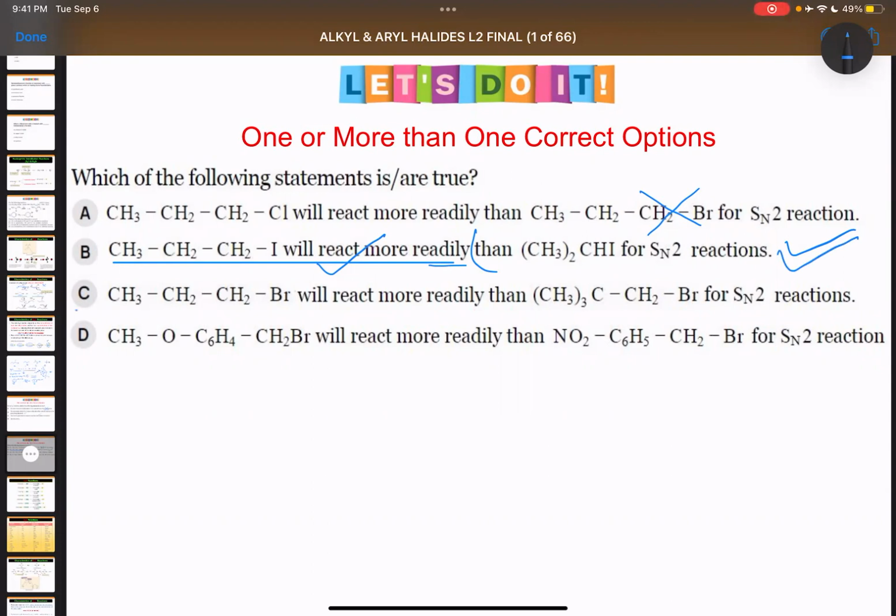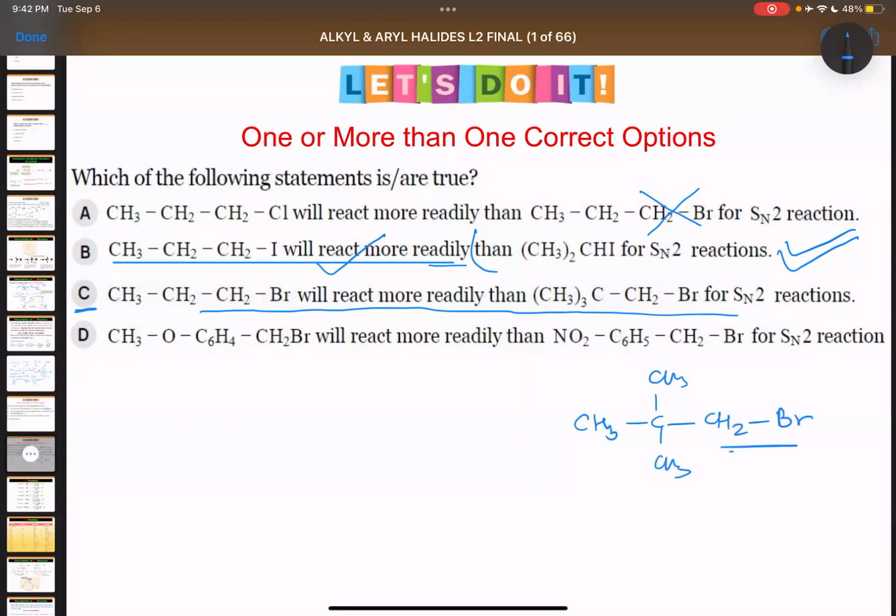And what about this one, C? Sir, I think it's correct. So this one will react more readily than this. Actually, though both are primary, you might have studied that neopentyl halides are almost inert for nucleophilic substitution reaction.